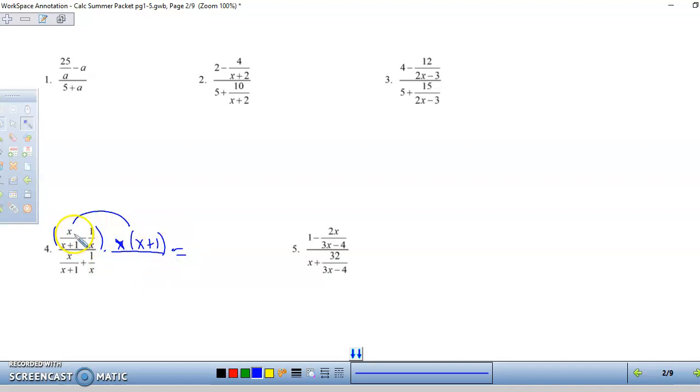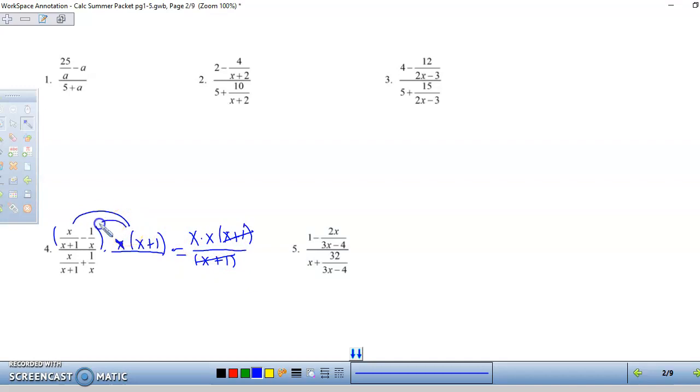So what happens here, and I can write it out if it's helpful, but you basically get x times x times (x plus 1), all of that over x plus 1. That's what this is. Okay, well, in that case, these are going to cancel.